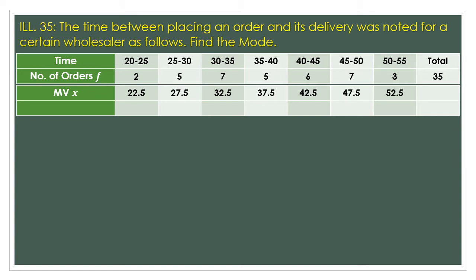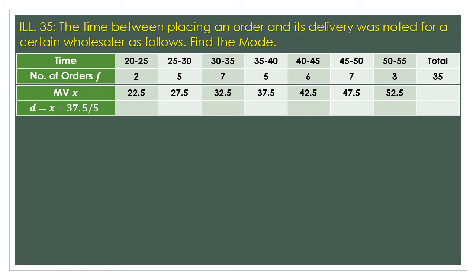Next, because all the class lengths are equal, I am going to use the shortcut formula for calculating mean. For the shortcut formula, I need to convert all my mid values into D, that is the deviations. For converting that into D, I am taking the middlemost mid value, that is 37.5, as the assumed mean A. I hope you remember these things, else go through my previous tutorials.